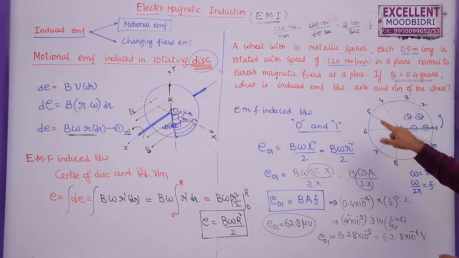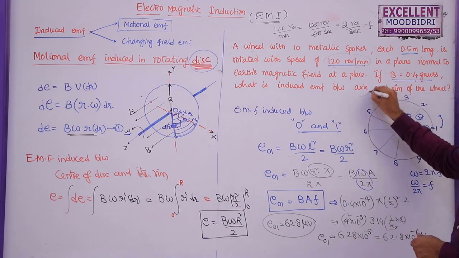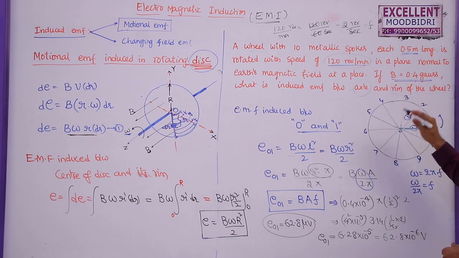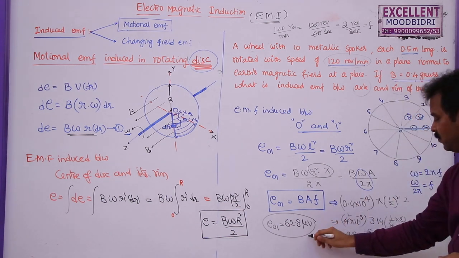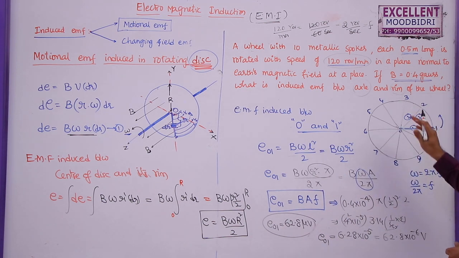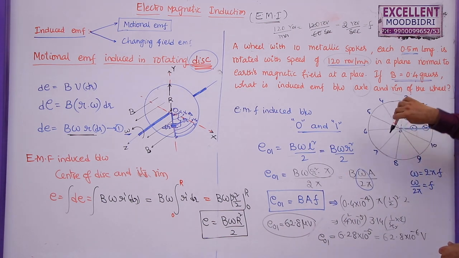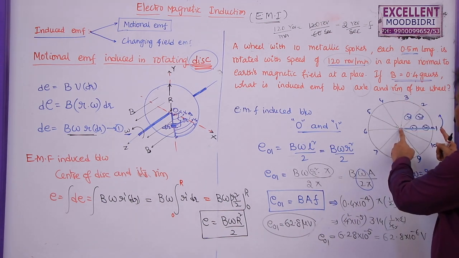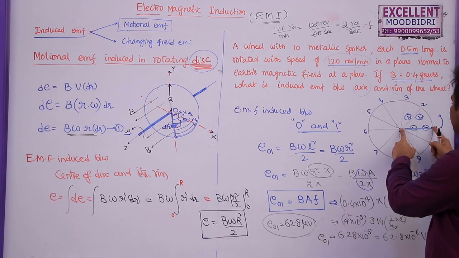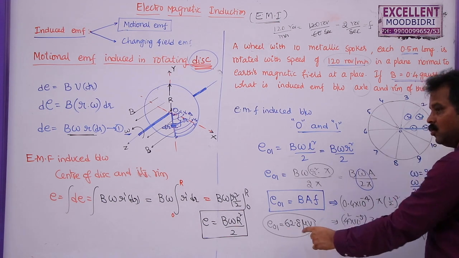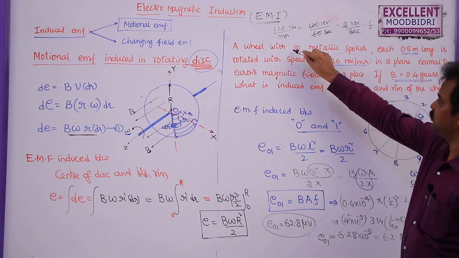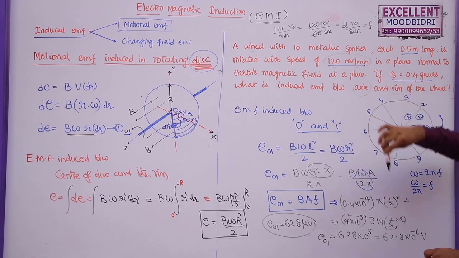That's why the total potential difference between the axle and rim of this wheel will be equal to the same value. Even if this wheel consists of 1 lakh spokes, the potential difference between the two ends, that is axle and rim of the wheel, will be equal to the same value. It does not depend upon the number of spokes, as these are connected in parallel.